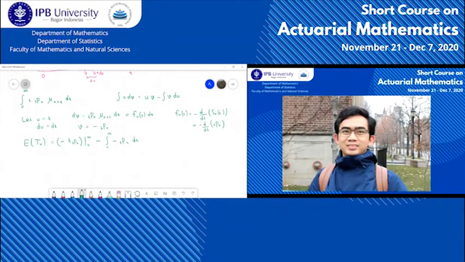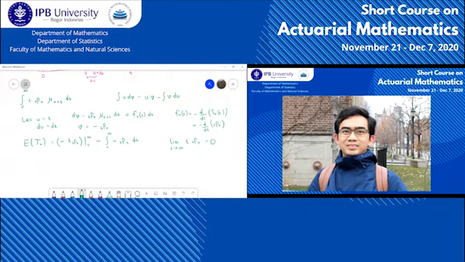From the condition of the survival function, we have that the limit of t times tpx as t approaches infinity is equal to 0. This property allows us to make this expectation, or the mean of Tx, finite.